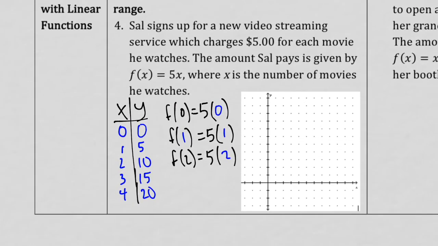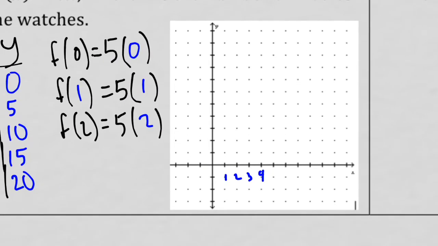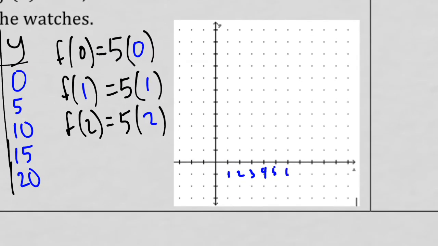Now my graph does not have scales, so I'm going to make them up right here. On the x values, I'm going to go by ones. That makes sense. So that's 1, that's 2, that's 3, that's 4, that's 5, 6, 7, 8, and so on.